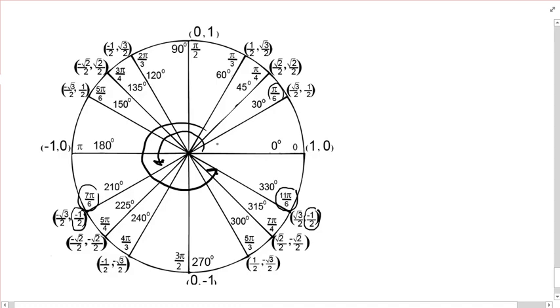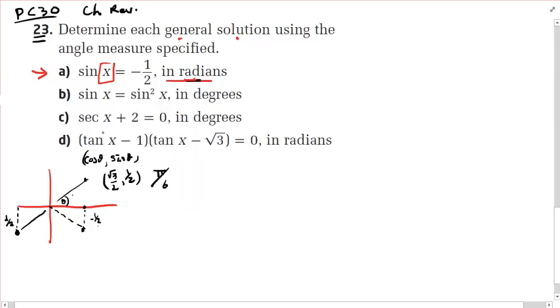Now the general solution. When asked for a general solution, you could do a couple of things. You could do theta equals, the first one is 7 pi/6 plus or minus 2k pi, where k is an element of natural numbers.